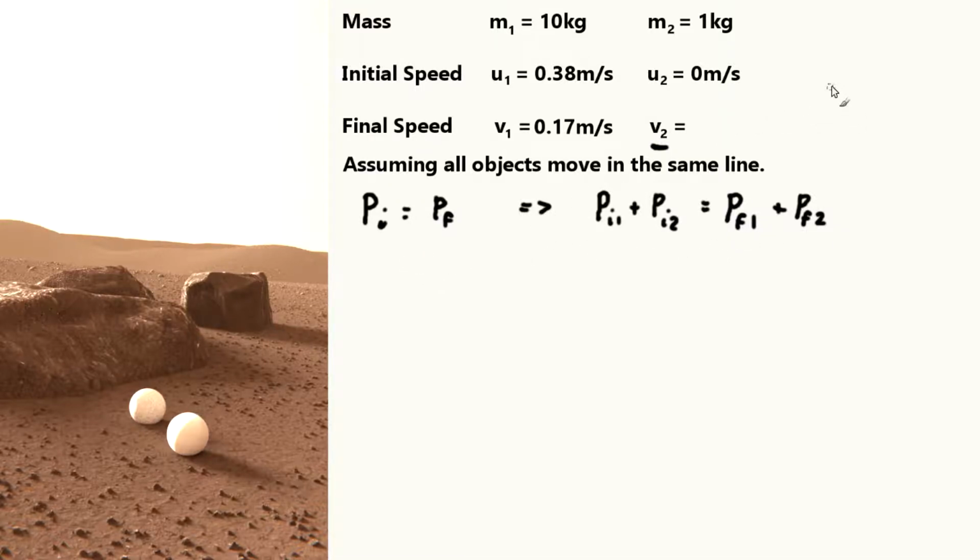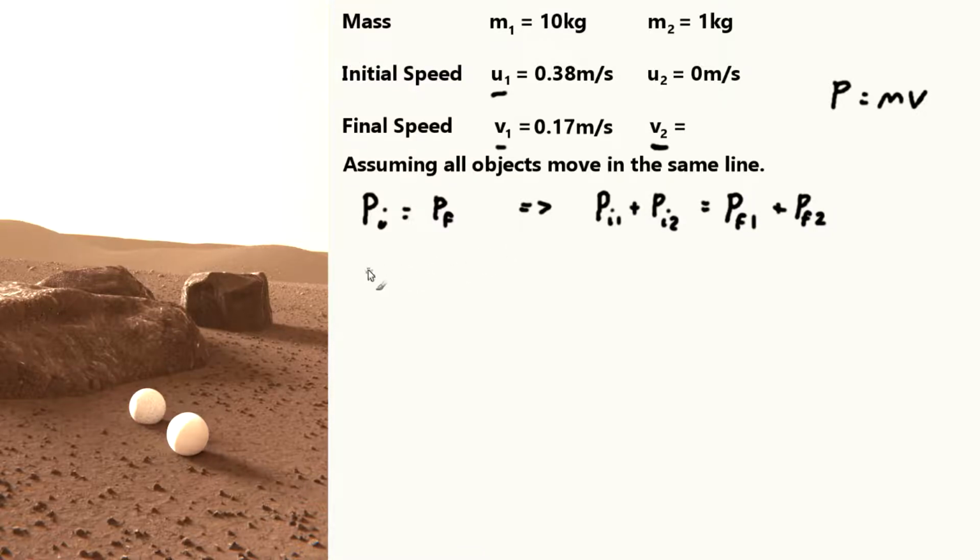We know that P equals mv, where v is a general speed. We're going to use scalars, because for this question we are assuming that all objects move in the same line. As you can see here, we've called the initial speeds u and the final speeds v.